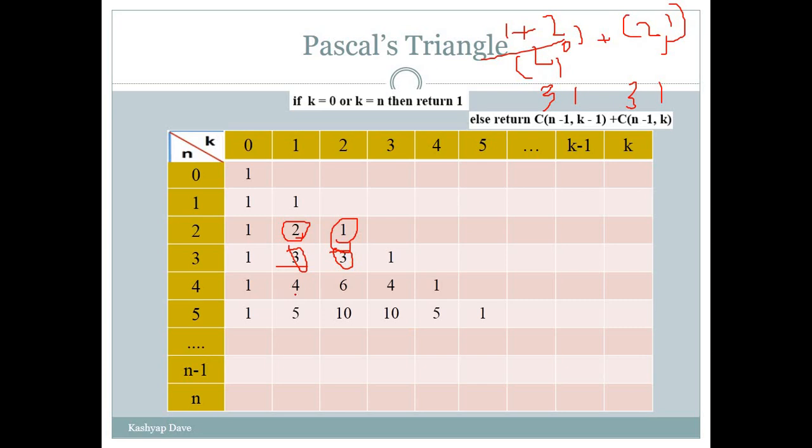If we want to calculate this 4, that will be the summation of this and this, so 1 plus 3 will be 4. If we want to calculate this value, that will be the summation of this 3 and 3, which will be 6. If we want to calculate this value, that will be the summation of these two values, 3 and 1, which means 4.